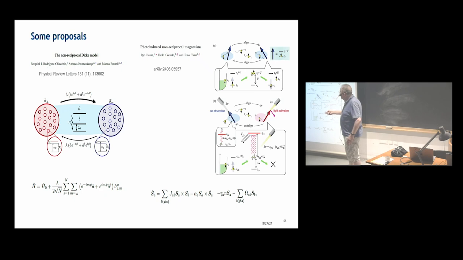So I've got spins, I've got photons, and I can add a phase, and I can continuously tune that as I go from one to the other. This is an interesting model because it has a kind of PT symmetry, in the sense that if I flip the population and I flip the phase, I get back to the same thing. It's less interesting in the sense that it seems to have exactly the phase diagram that the classical model does have. And I think that's partly because it's built in with long-range couplings.